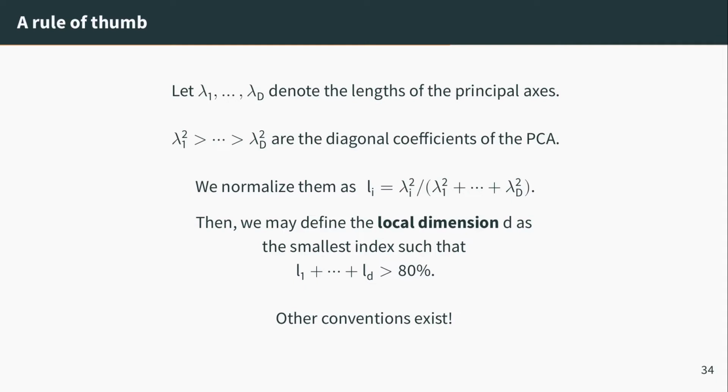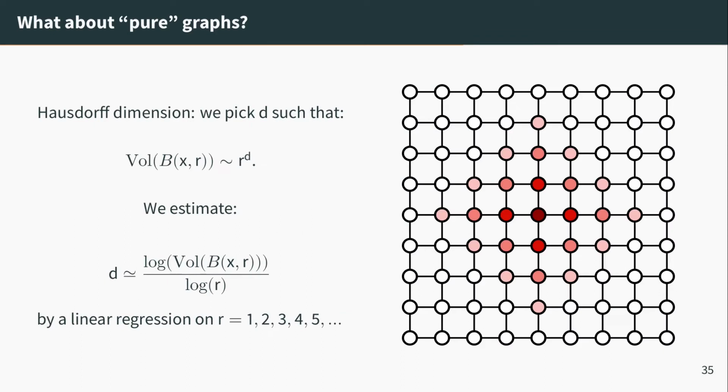Okay. So just to tell you that at least for datasets that come from a point cloud, for graphs that come from a point cloud, it's easy to define good heuristics. But then, what about pure graphs? Because those objects are also interesting. Think of a power network or of the internet network, and there you don't have local coordinates, so you cannot really do those PCAs.